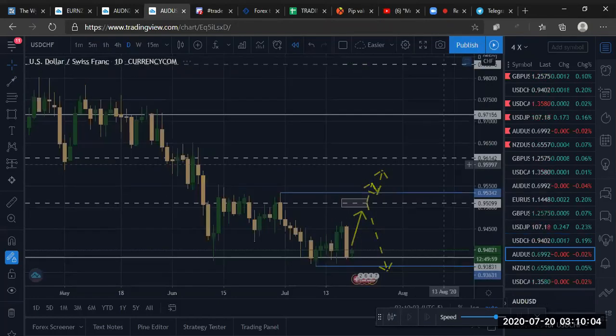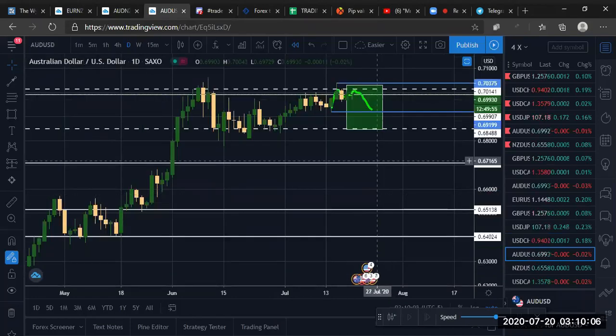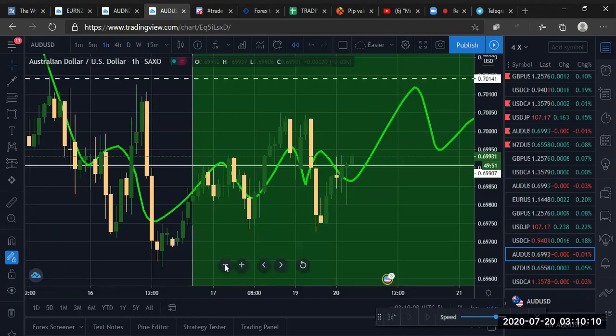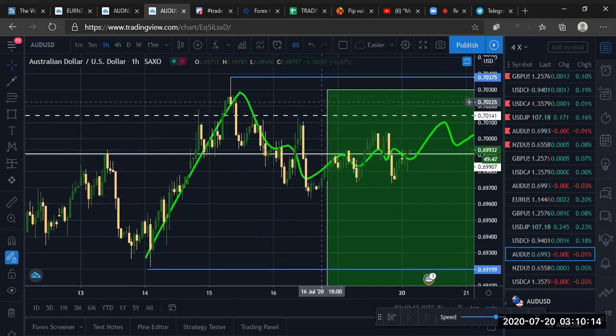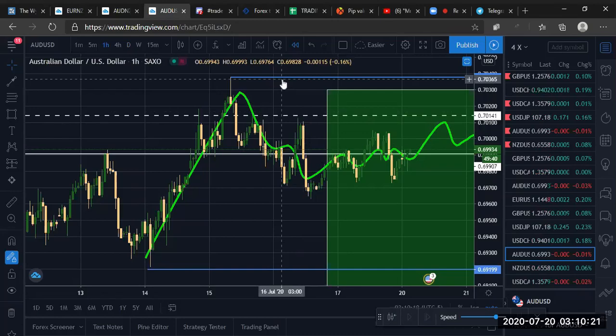AUD USD, I'm in a sell already, but I would love for that sell to continue down. I might see a nice little area up here where I can look for more sales. But I don't think this area will break. If this area does break, then we're just not ready for a sale just yet. So we'll just see.